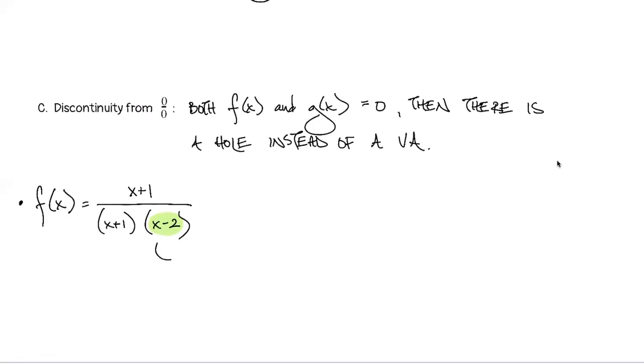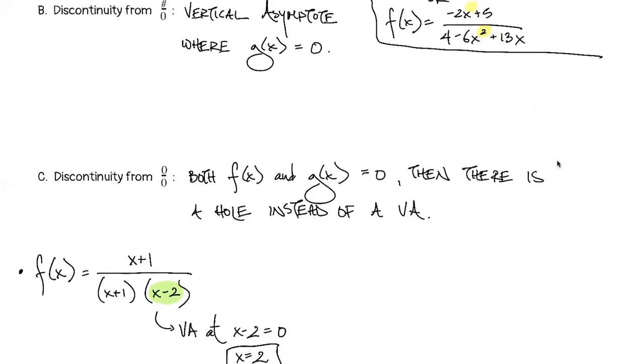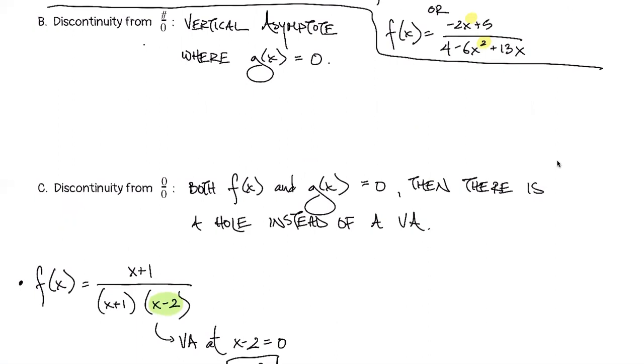So this means there is a vertical asymptote at x minus 2 equals 0. Or if we solve that, we'll say there's a vertical asymptote at x equals 2. Only the bottom could be 0. That is our vertical asymptote, so this is our number divided by 0.